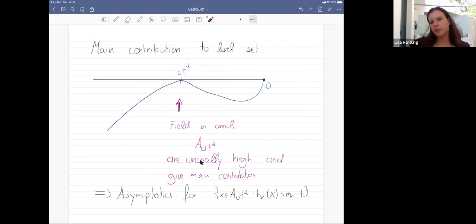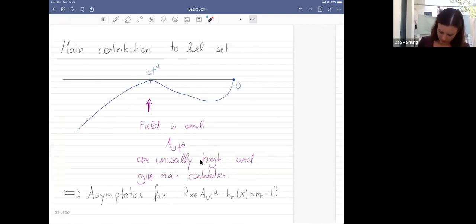I pay a certain price to go close to zero at this time point, but then I have a lot more that I'm going to contribute. So there's a trade-off between how unlikely it is to observe this versus how many points I can give to the level set if I do this unlikely event. And for this we need asymptotics.